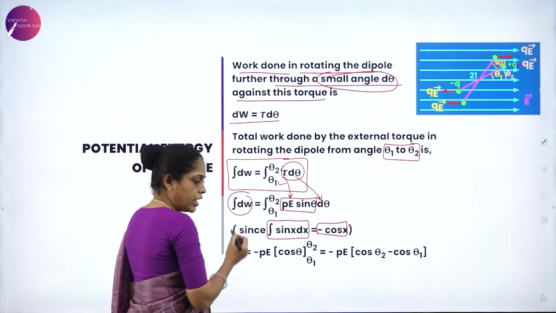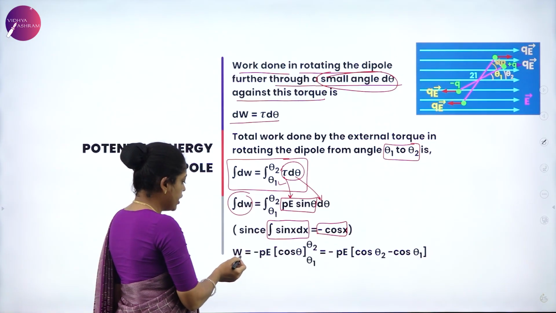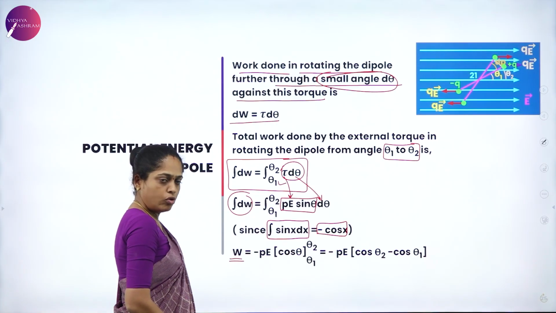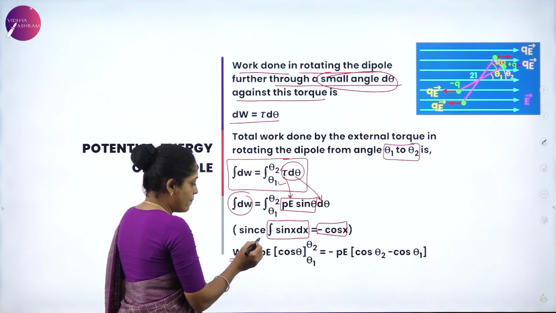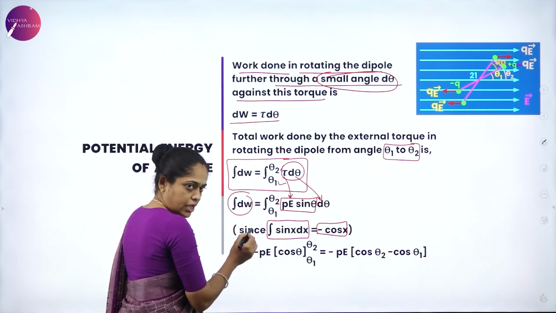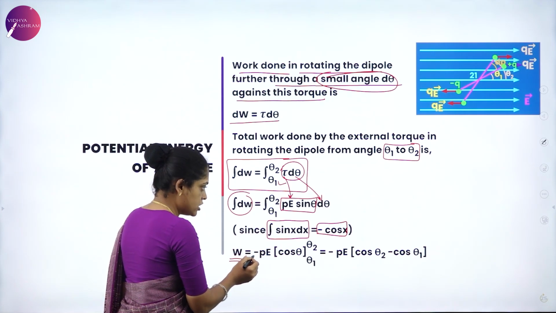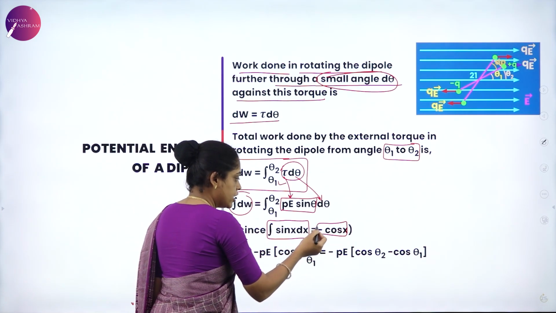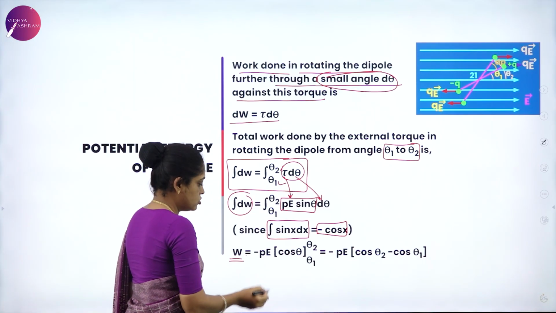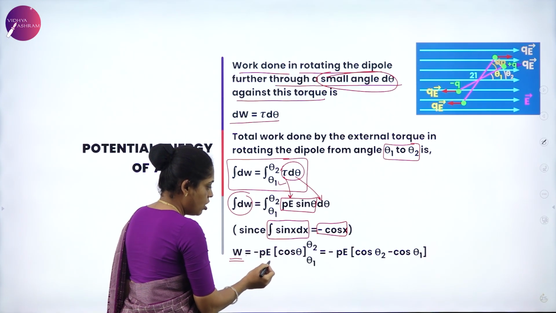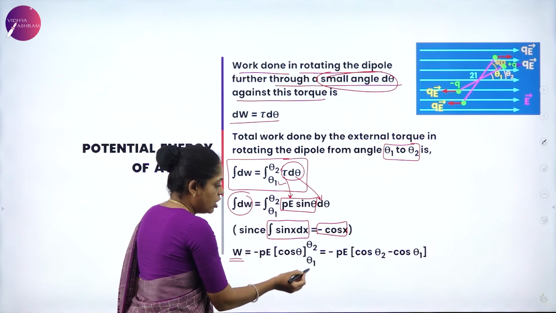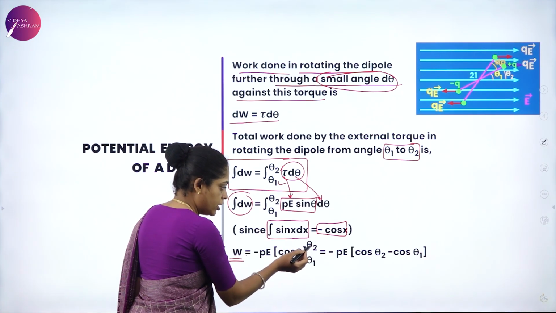So, on integrating dW, we get the total work done W, which is equal to minus PE, here minus because of integration of sine theta, so minus PE of cos theta from theta 1 to theta 2.